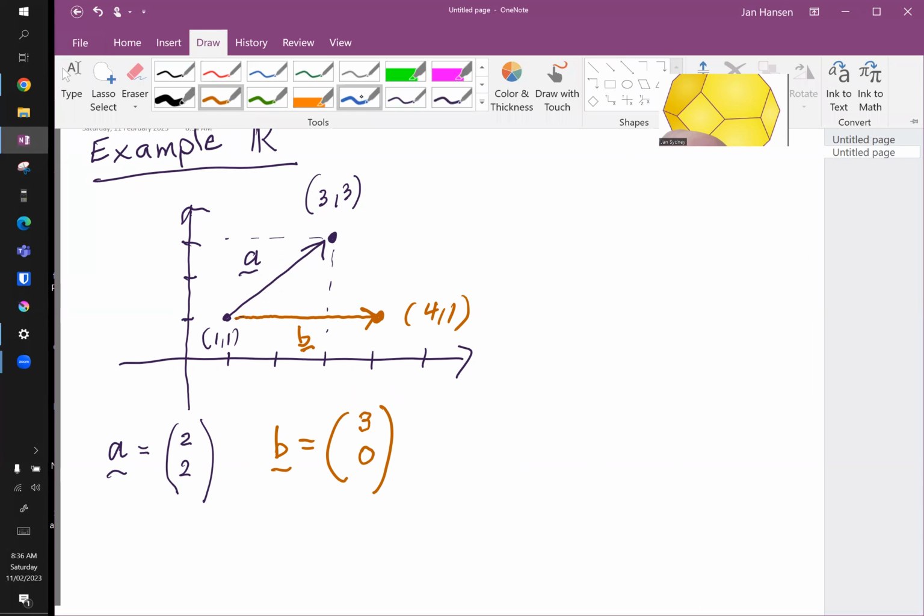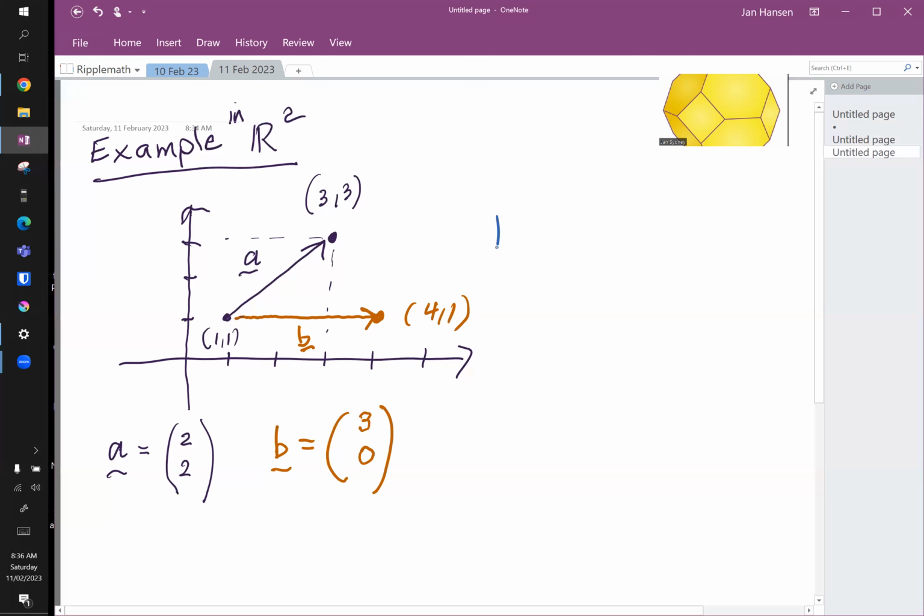So then let's apply the formula. The projection of A onto B, you can see it here. If I drop the perpendicular, it's going to be that blue vector right there. So I already know the answer is 2, 0. Let's apply that and see.